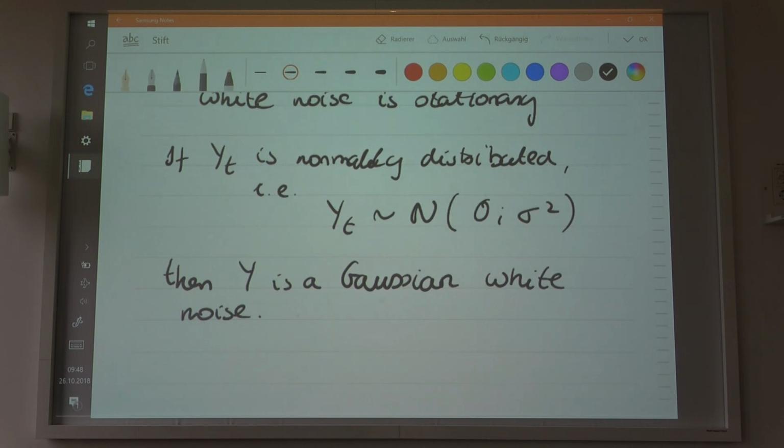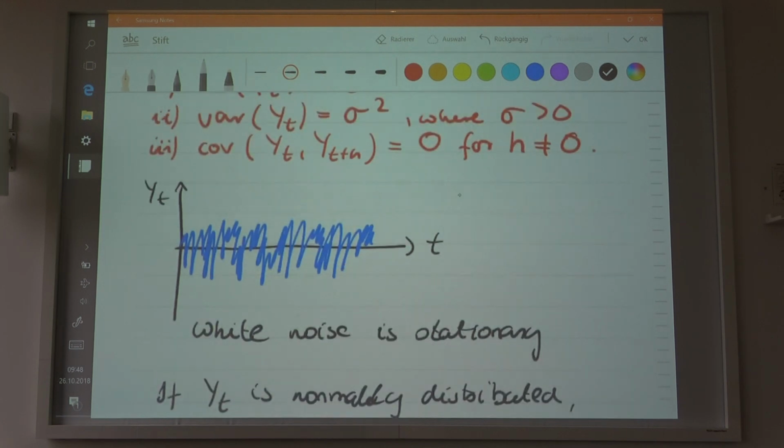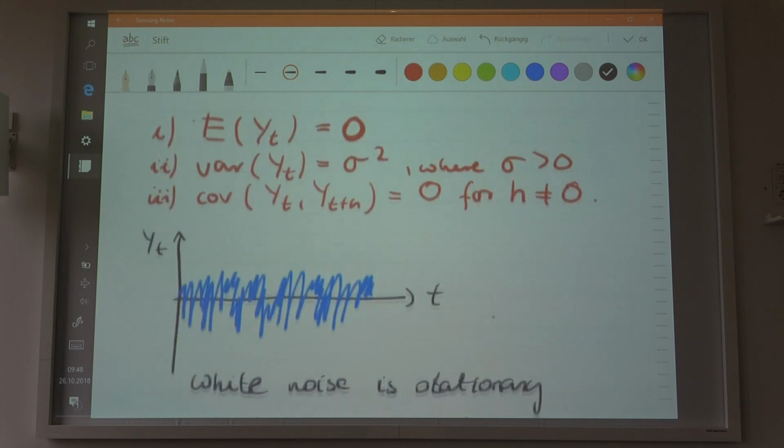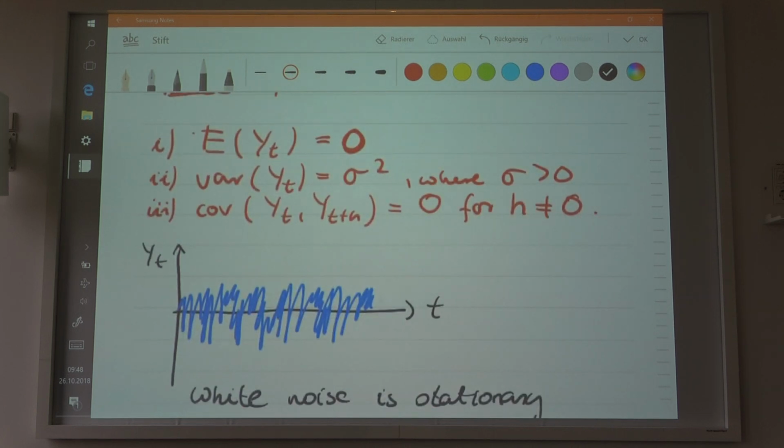And then, of course, you can see here that just because the white noise is not serially correlated, so no serial correlation, it can still be dependent. So note that the white noise can also be serially dependent. Just because there is no correlation, it doesn't mean that there is no dependency. Of course, if it's a Gaussian white noise, then if it's not correlated, then it's not dependent either.